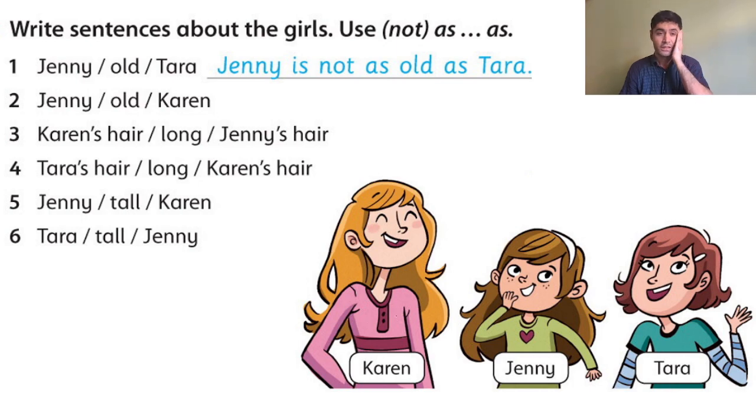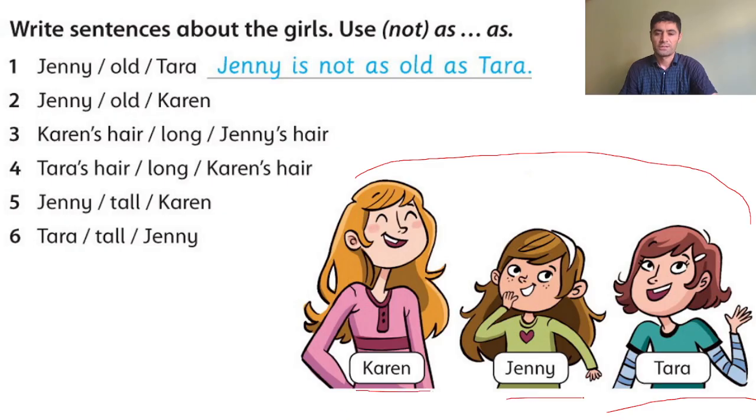So here we're going to compare these three girls. Now, can you read their names, please, Cindy, first? First one is Karen, Jenny, and Tara. So let's take a look at these sentences and try to find the differences among these three girls.